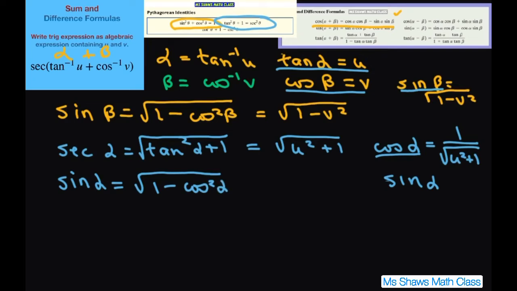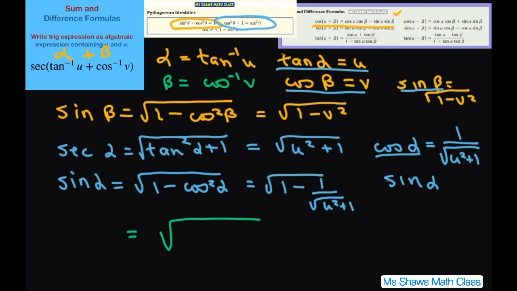So this is going to end up being square root of 1 minus 1 divided by square root of u squared plus 1.